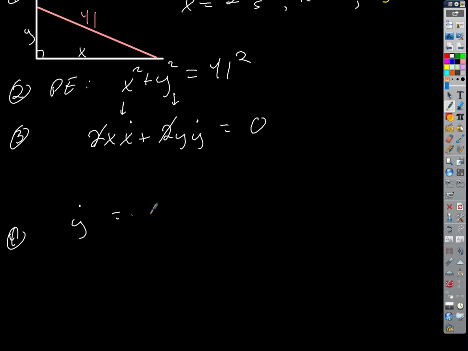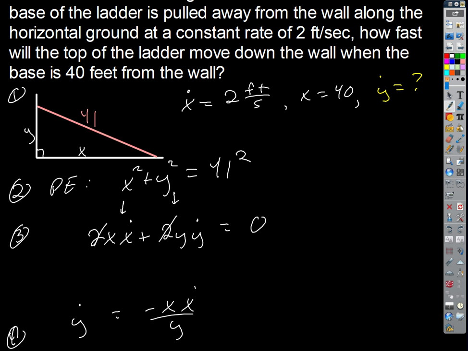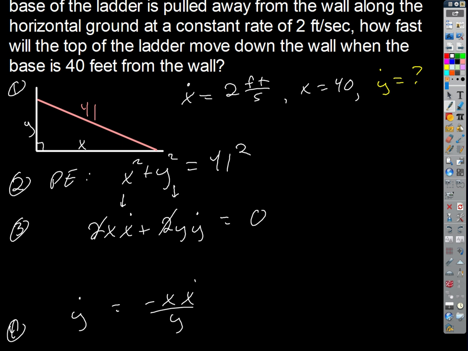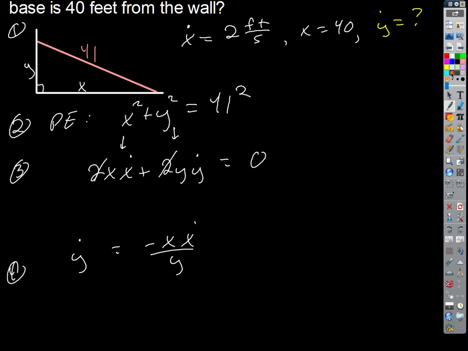So y dot equals negative x dot over y. So what's our problem that Elton already saw? We have to solve for y. We've got a couple options here. We could introduce another snapshot variable. We could just solve for the value of y in this snapshot. Or, and that's what I would do, you could take this equation right here and solve it for y in terms of x.